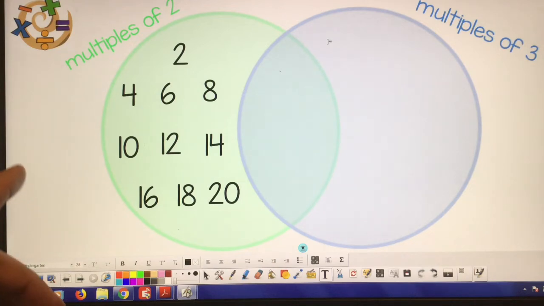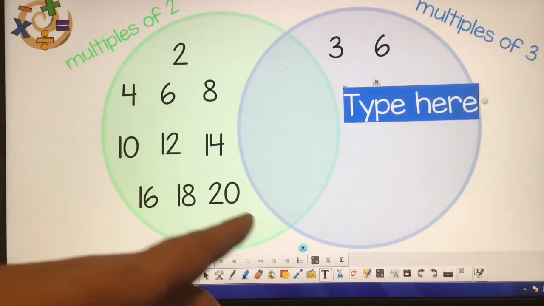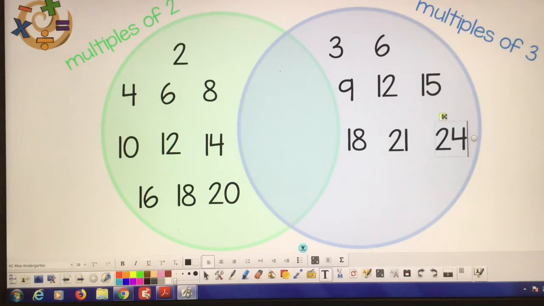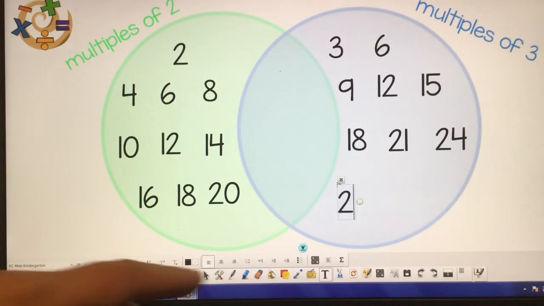So 3 times 1 is 3. 3 times 2 is 6. 3 times 3 is 9. 3 times 4 is 12. 3 times 5 is 15. 3 times 6 is 18. 3 times 7 is 21. 3 times 8 is 24. 3 times 9 is 27.